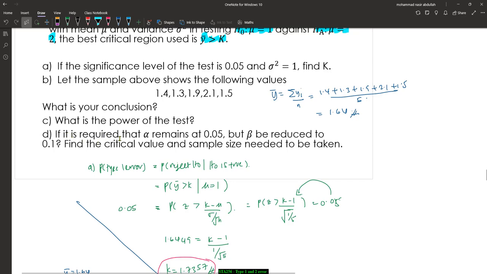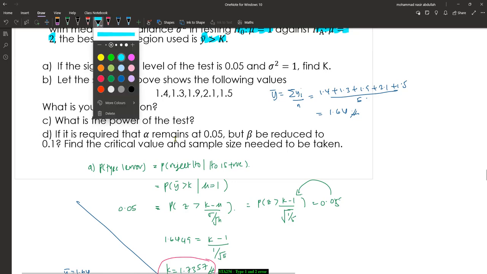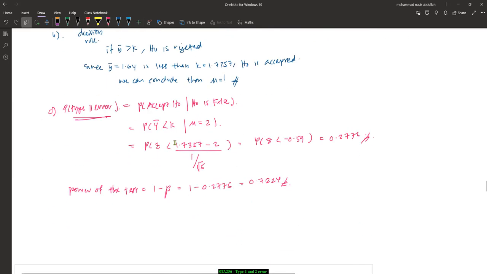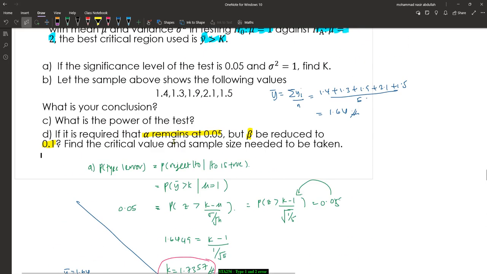So D, if it is required that alpha remain to 0.05, so this is a complicated question. Alpha, we want to remain it to 0.05, right? But beta, we want to reduce it to 0.1 instead of 0.2776, which is quite big.